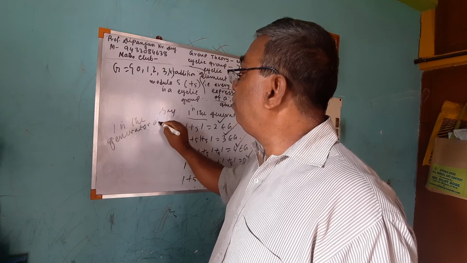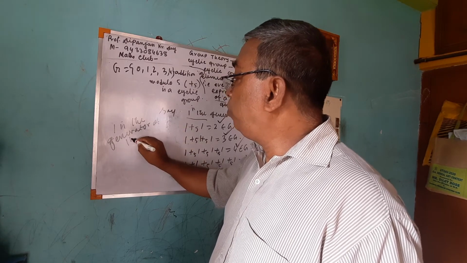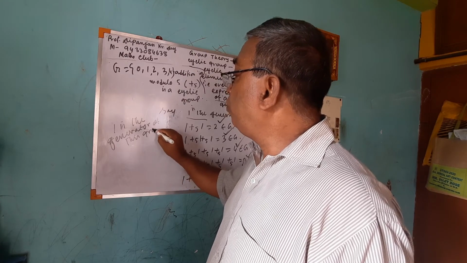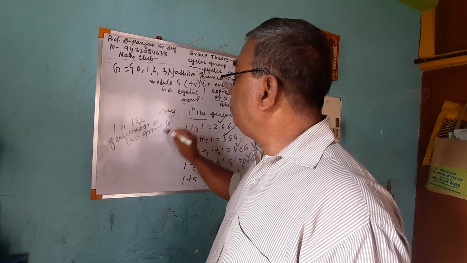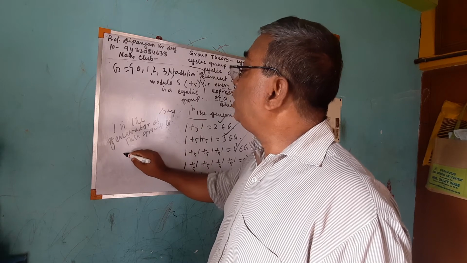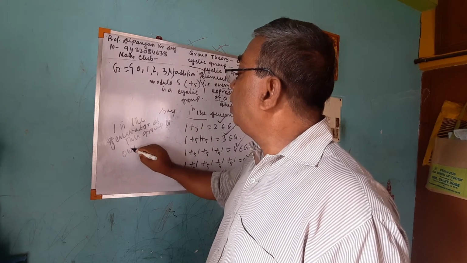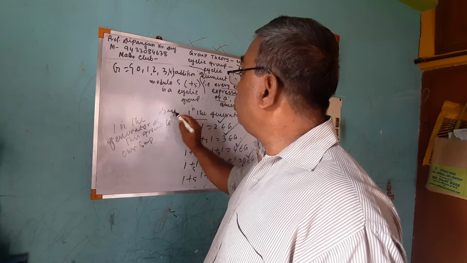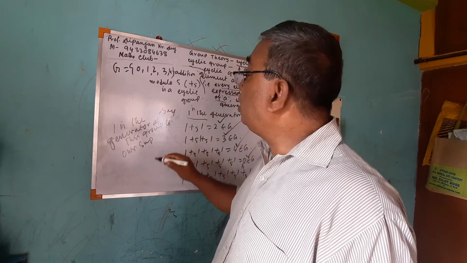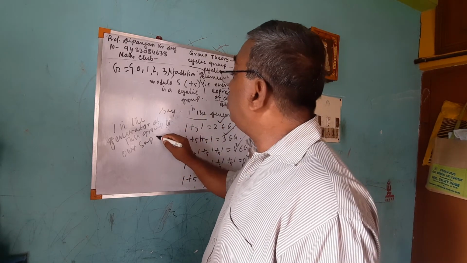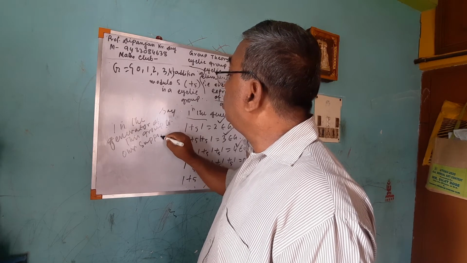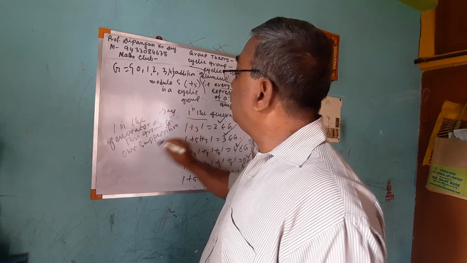1 is the generator of this group G. So our supposition is right.